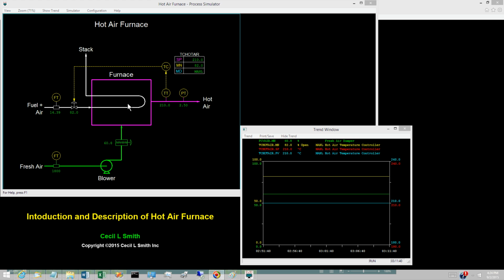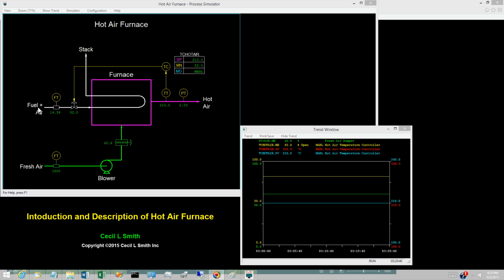To illustrate the various aspects of the PID control equations, the presentations will use a simulation of a hot air furnace. The schematic display presents the piping and instrumentation, or P&I, diagram for the hot air furnace. The hot air stream is produced by heating fresh air in the furnace.